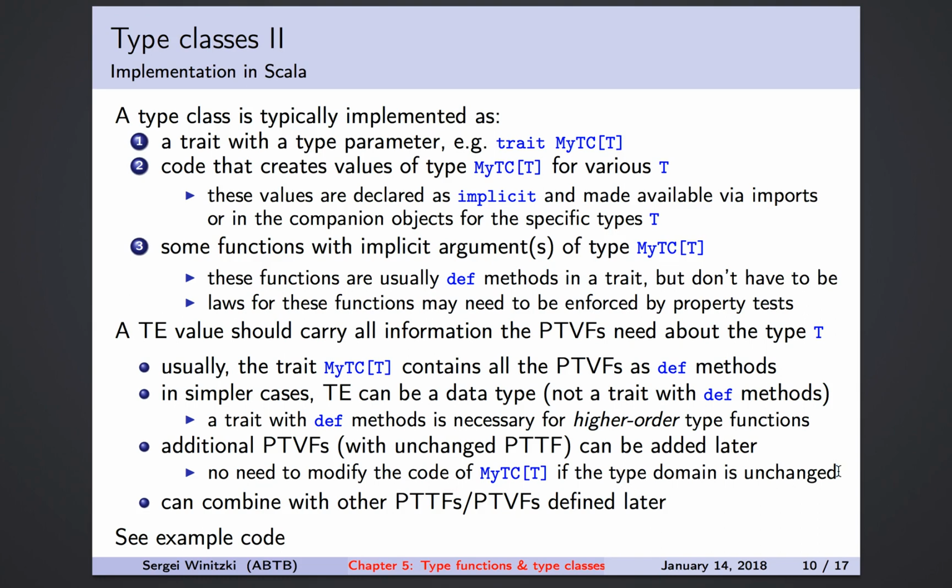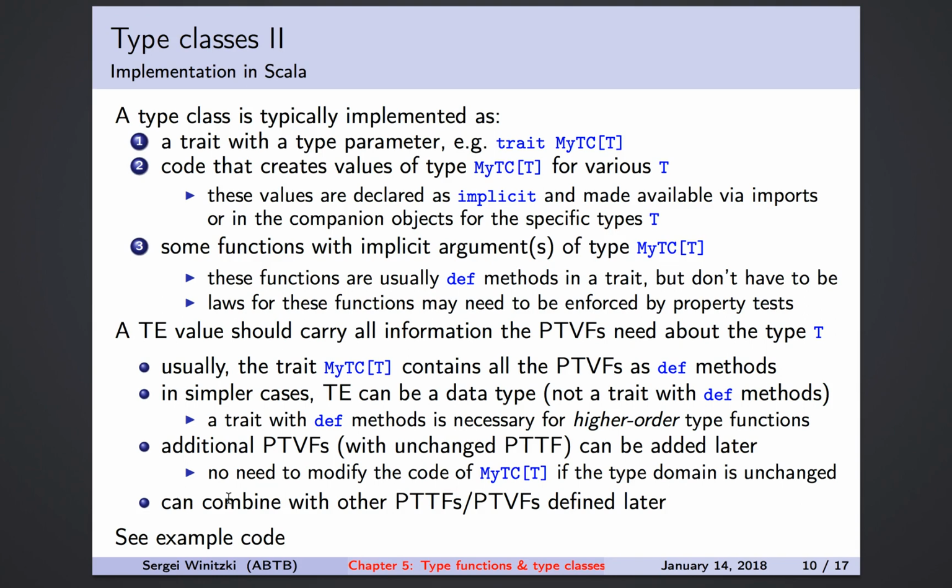So like add3 is an example. We don't change the type domain. Sum and add3 are defined for the same type domain, for things that can be added. No need to modify the code of library if we want to add more partial type-to-value functions with the same type domain.